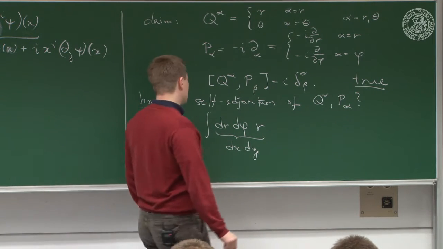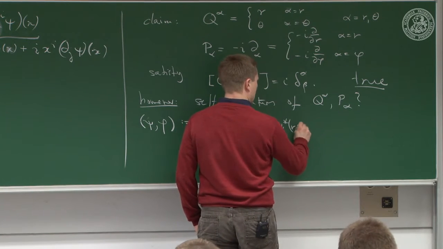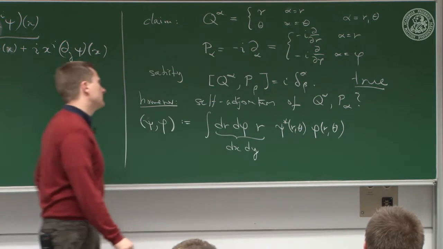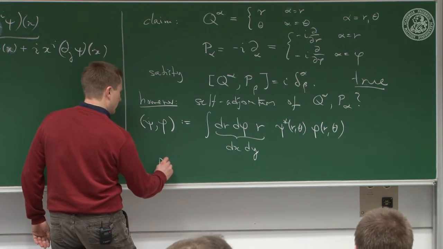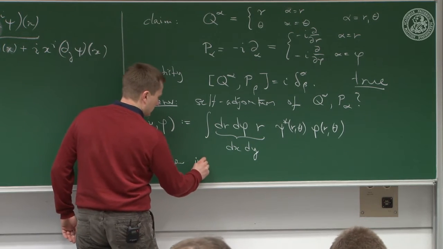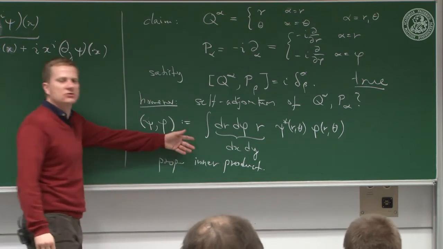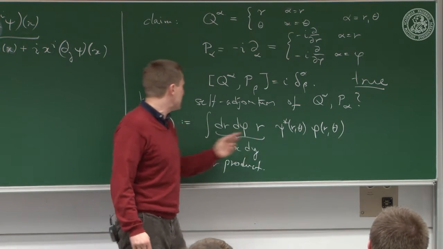So we have a psi star that depends on r and theta, and a phi that depends on r and theta, and this defines a proper inner product. So there is no problem with this. It could be that there is an issue here already. Well, there isn't. How would there be? Because this is exactly the same value.